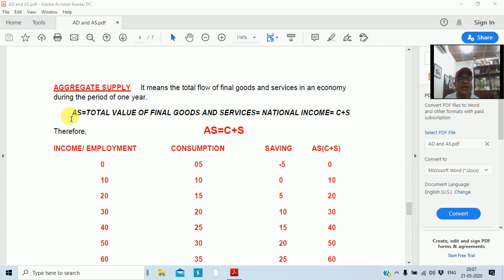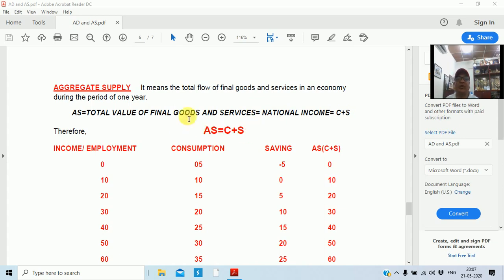Why? Because aggregate supply means the total flow or value of final goods and services, and that is called national income. That is called Y. And what we study in national income, Y is equal to C plus S. So that's why AS is equal to C plus S.